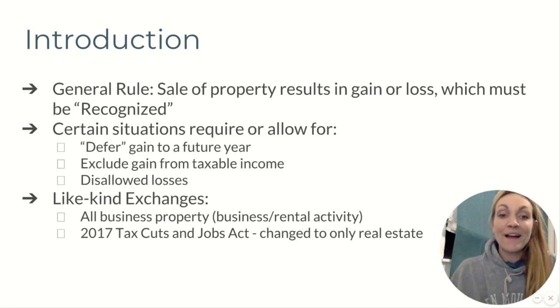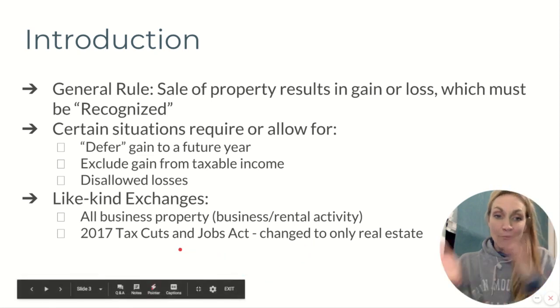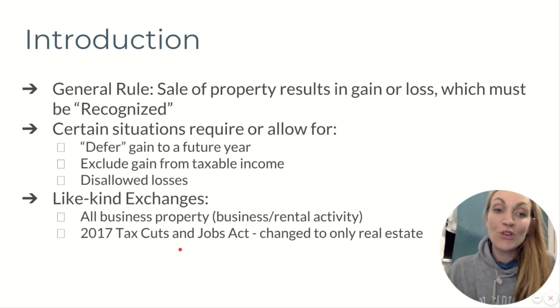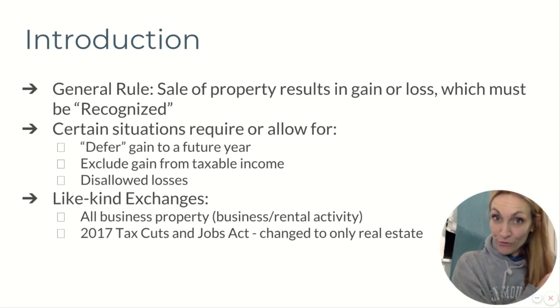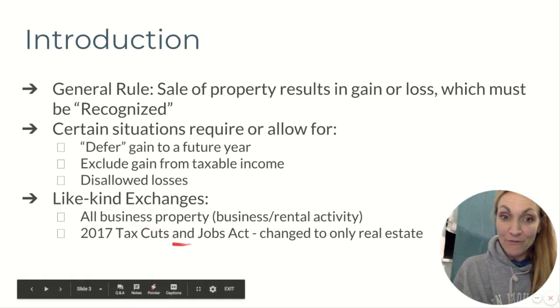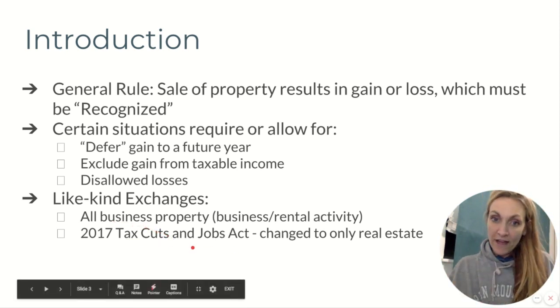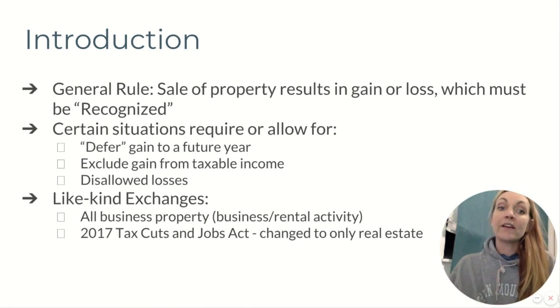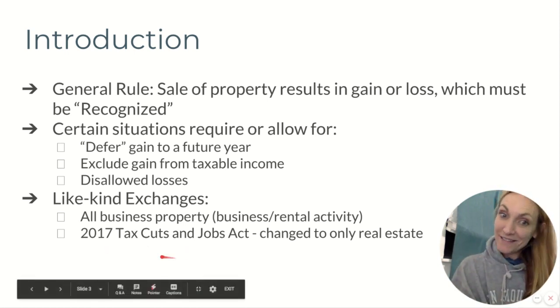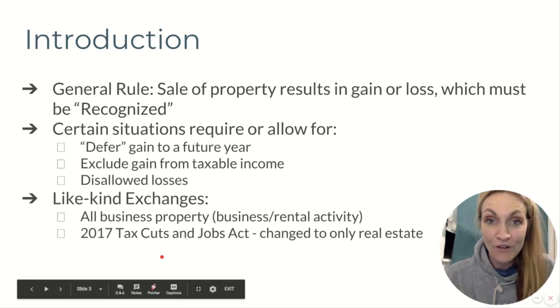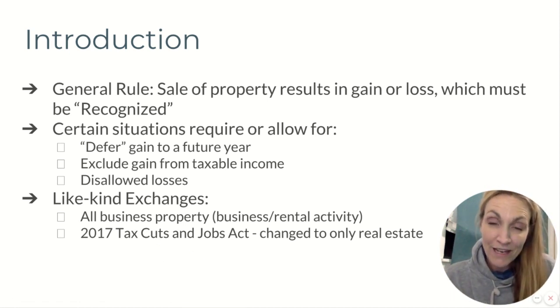However, in the problems that you're going to do in the chapter, you are using the older rules for 2017, right before this act took place. So equipment qualifies and was a big part of it. However, the Tax Cuts and Jobs Act made it so that it no longer applies to business equipment. It only applies to real estate.